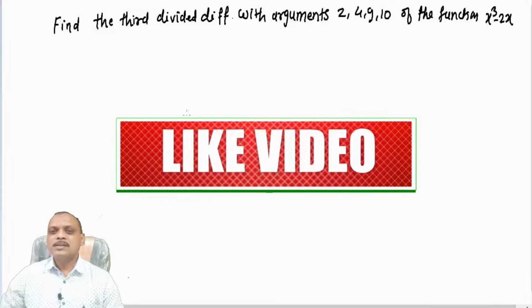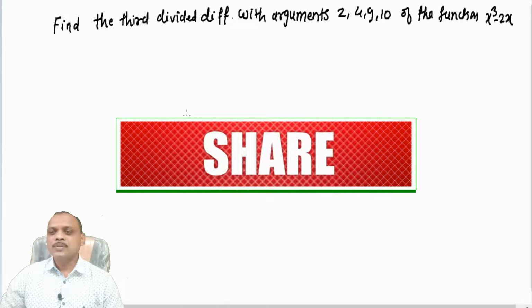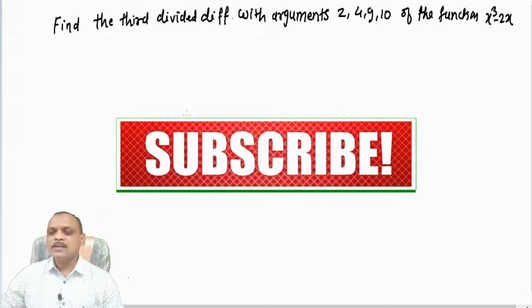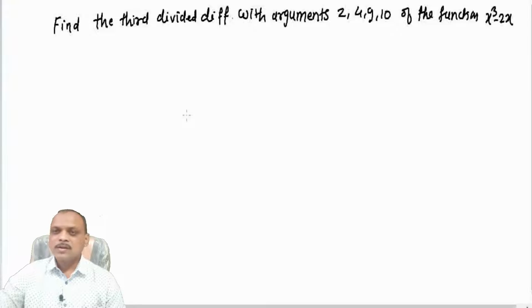Find the third divided difference with arguments 2, 4, 9, 10 of the function x cube minus 2x. Here we construct the divided difference table, and the arguments are given.